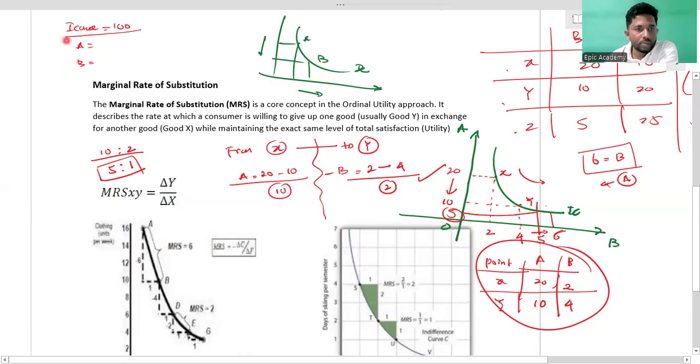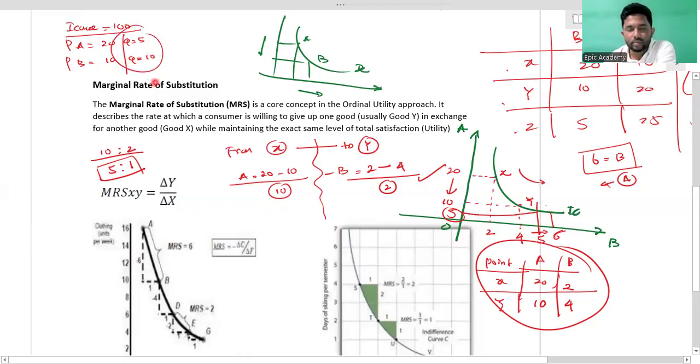The price of the A commodity, PA, is 20 rupees. The price of the B commodity is 10 rupees. If you consume only A commodity, you can consume 5 units. If you consume only B commodity, you can consume 10.